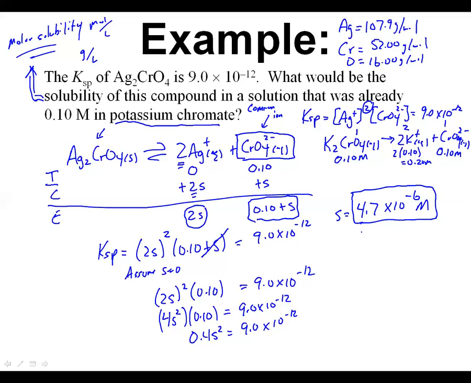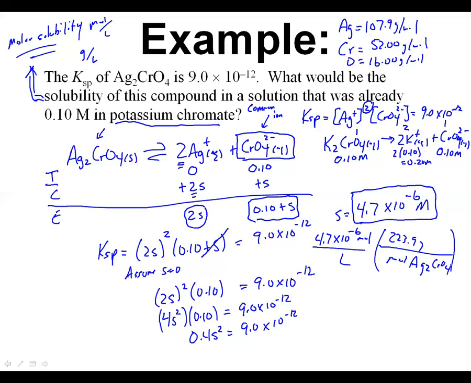So in this case, we also wanted it in grams per liter, so we could use the molar mass to do that. And the molar mass of silver chromate is 107.9 plus a 52 plus a 16 times 4, something like 223.9, I think. I think I missed the number there. I'm going to try that again.